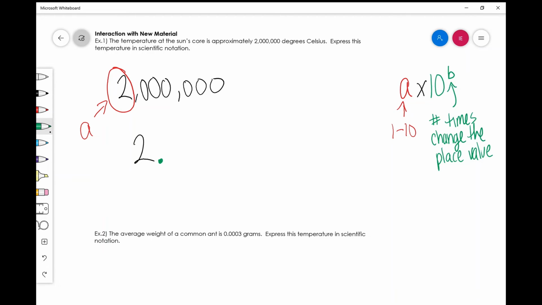I'll have to move it over to become 2 million. How many times did we have to move our decimal place? 6 times, which means my value of B is 10 to the power of 6. We've now expressed our temperature in scientific notation.